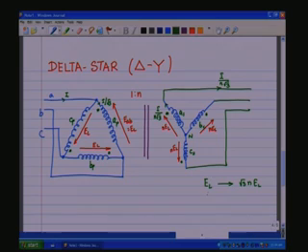Then if you have a line current of I on the primary side, this results in I by root 3 in the phase coils, I by N root 3 in the secondary phase coils, which becomes the line currents, and therefore you have I by N root 3. So, we shall summarize this later.